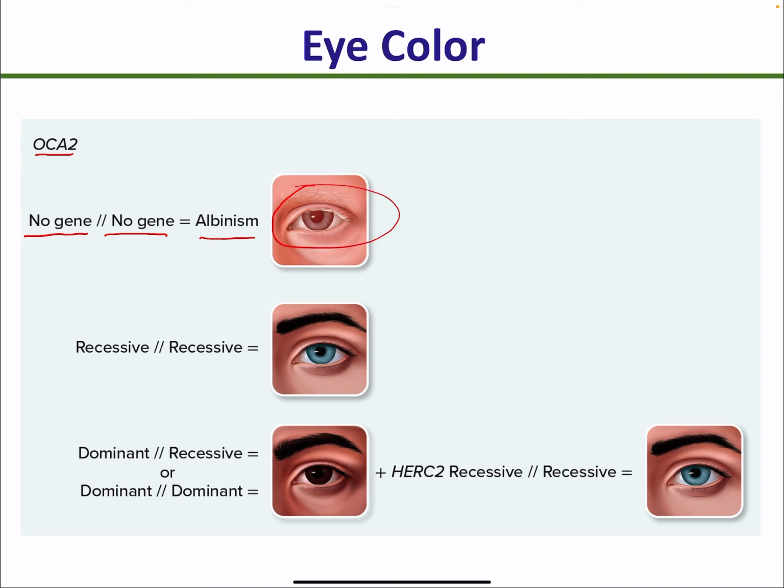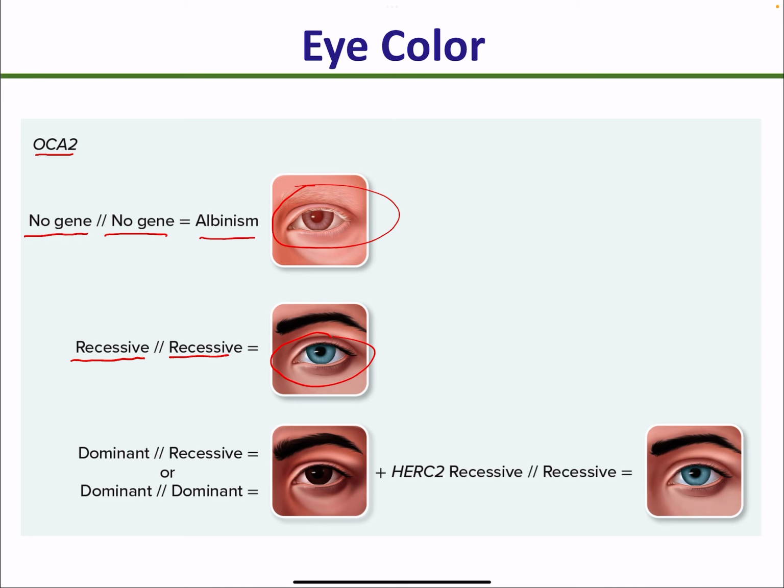However, if the gene OCA2 is modified in such a way that it is not silenced, but it is recessive, so the individual is receiving a recessive allele from mom and a recessive allele from dad, that individual, while producing pigments, is going to have blue eyes.